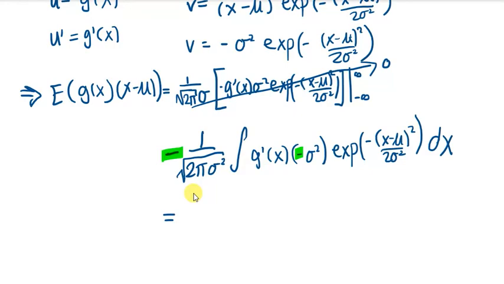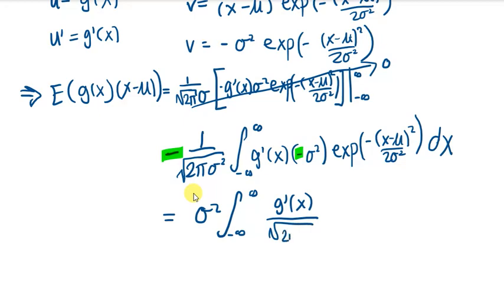I'm going to pull this sigma squared out in front, so sigma squared, and then I'm going to have that integral, which should be from negative infinity to infinity, and I have the derivative of g of x, over square root of 2 pi sigma squared, e to the power of negative x minus mu squared over 2 sigma squared.